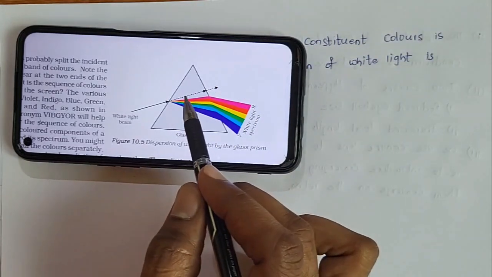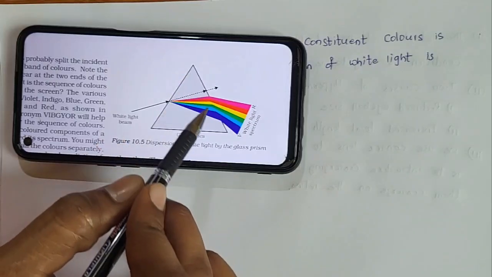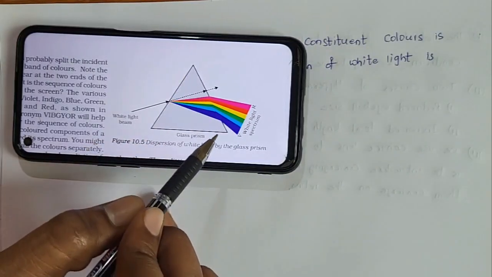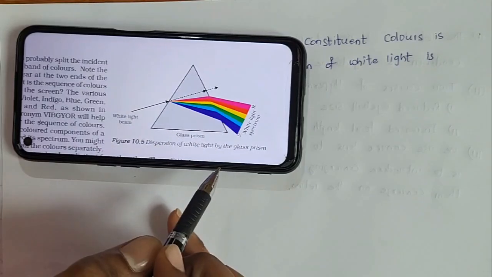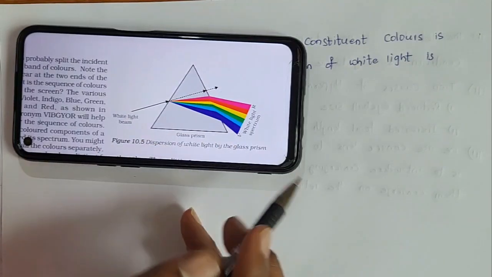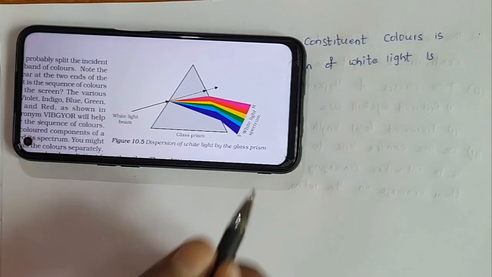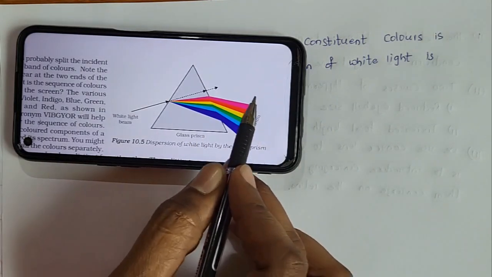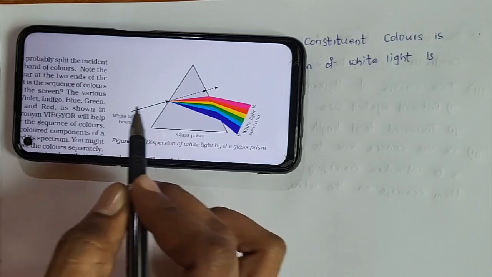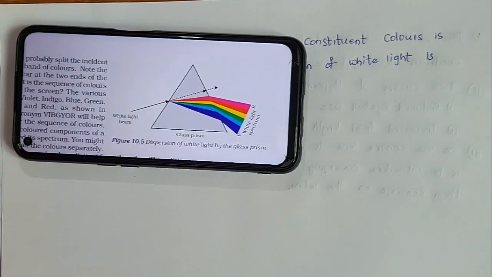Exactly they reach the other surface of the prism, again they got bent. This bending should be neatly mentioned. Glass prism, white light spectrum, violet, red and white light beam, these all parts also should be mentioned neatly.